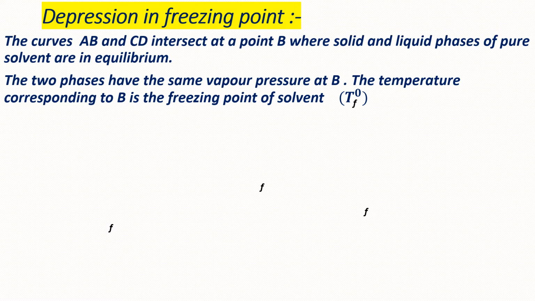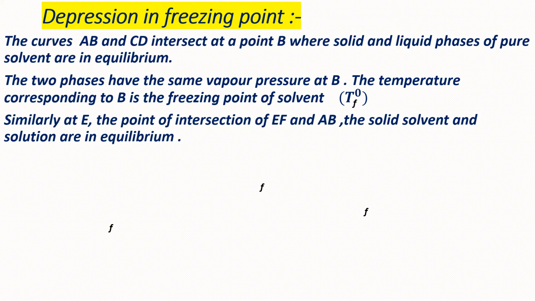Hence, the two phases have the same vapor pressure at point B. The temperature corresponding to B is the freezing point of pure solvent, T0F.